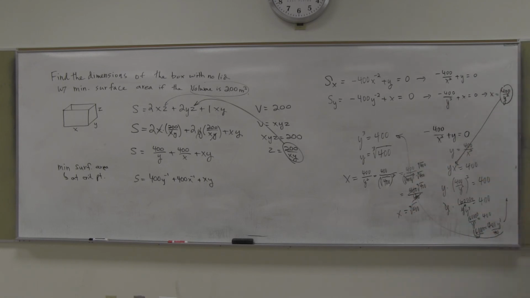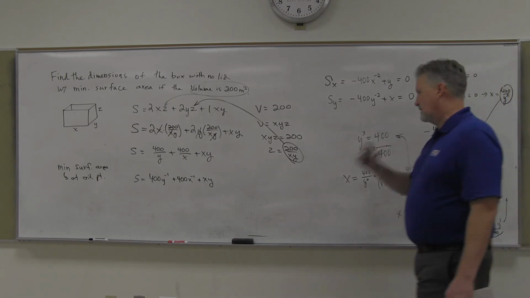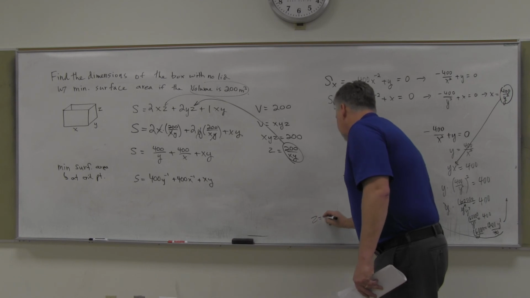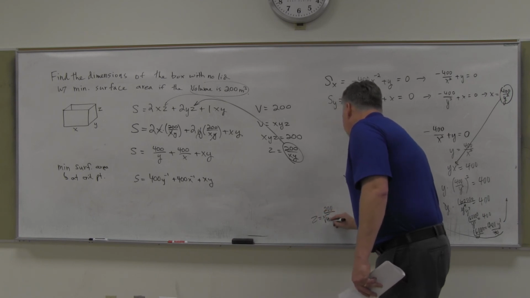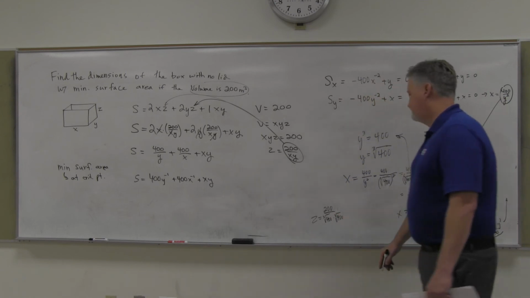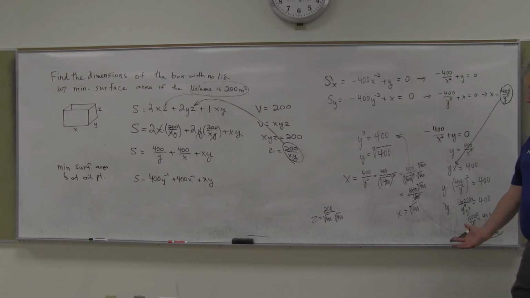Turns out though the z is not the cube root of 400. Z is 200 over xy, so that's the cube root of 400 times the cube root of 400, cube root of 400 squared.